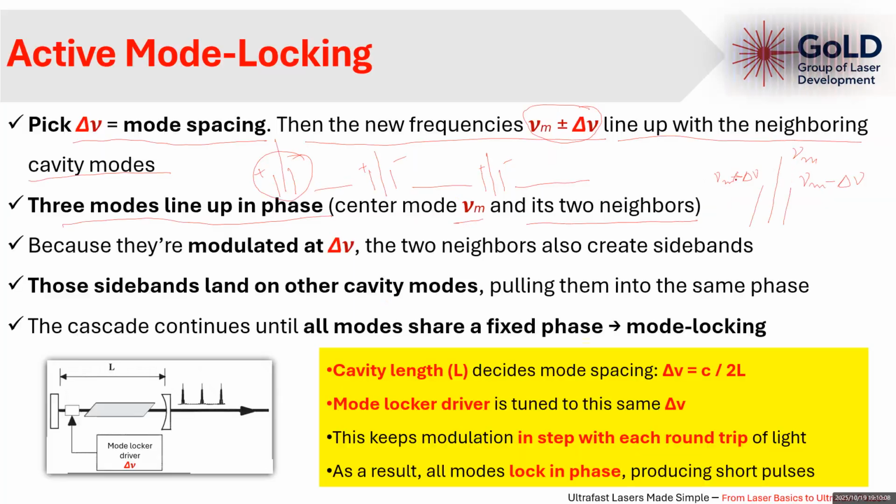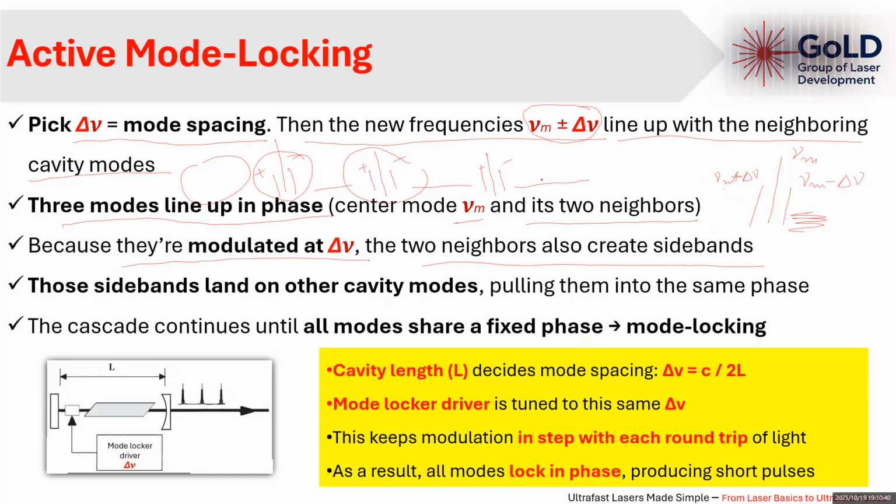Okay, this is plus, okay. So center and plus, this is a modulation, modulating like this, okay. Because they are modulated at this frequency, basically the center main is at this frequency, so the two neighbors also create the sideband, same sideband here, this one, and on this side also, neighbor to neighbor, neighbor to neighbor, okay.